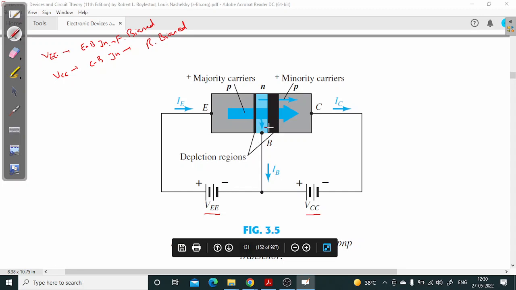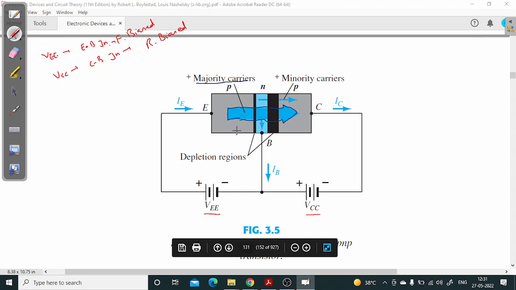Okay, so these two are the scenarios, and we had seen that the current flow was actually in the same direction. If you can see this blue colored thick arrow, this is the current flowing because of majority carriers.